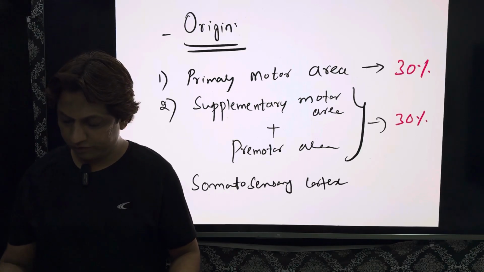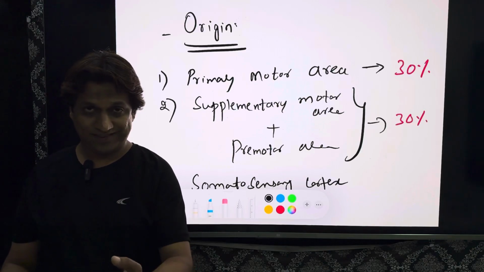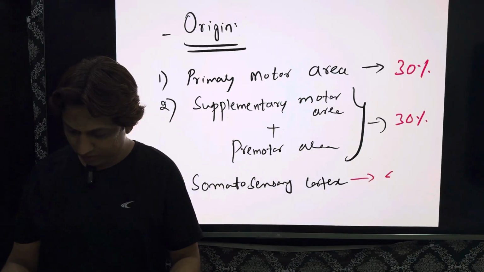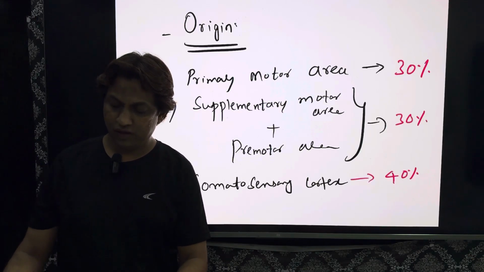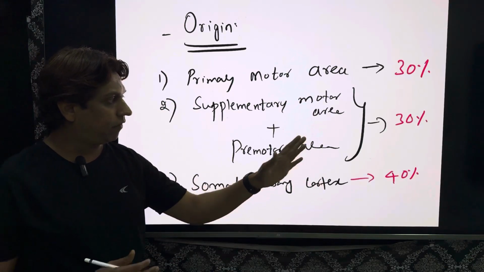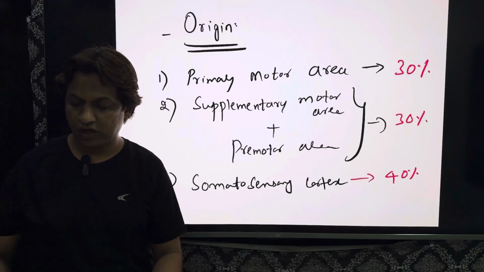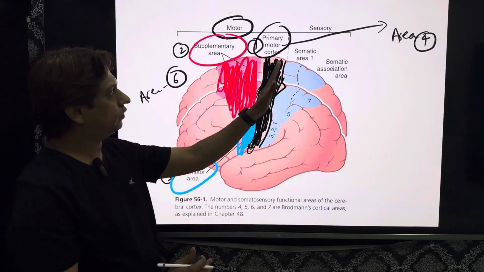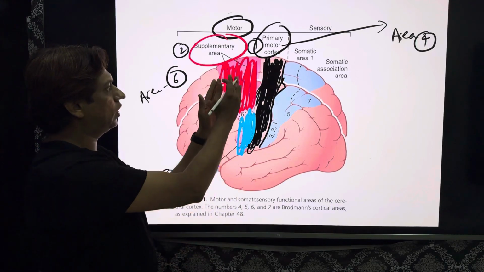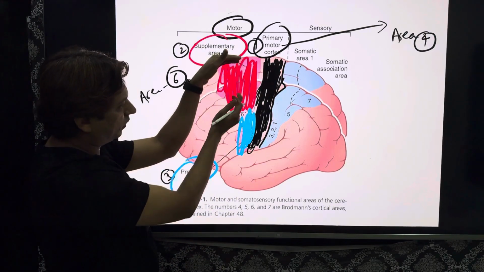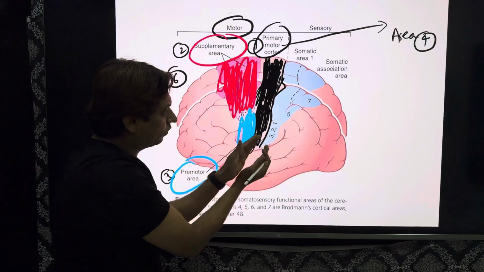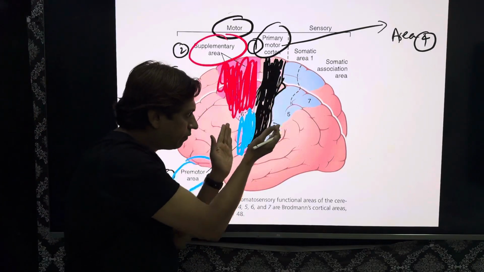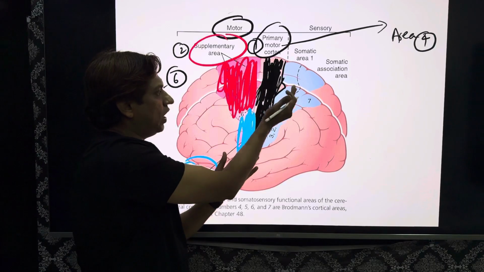Though its function is the sensing of different sensations carried by the ascending tracts, in this pyramidal tract 40% of the fibers come from the somatosensory area also. So out of 100% fibers, 30% is from the primary motor area, 30% from the supplementary and premotor area, and 40% from areas 3, 2, 1, the somatosensory area.